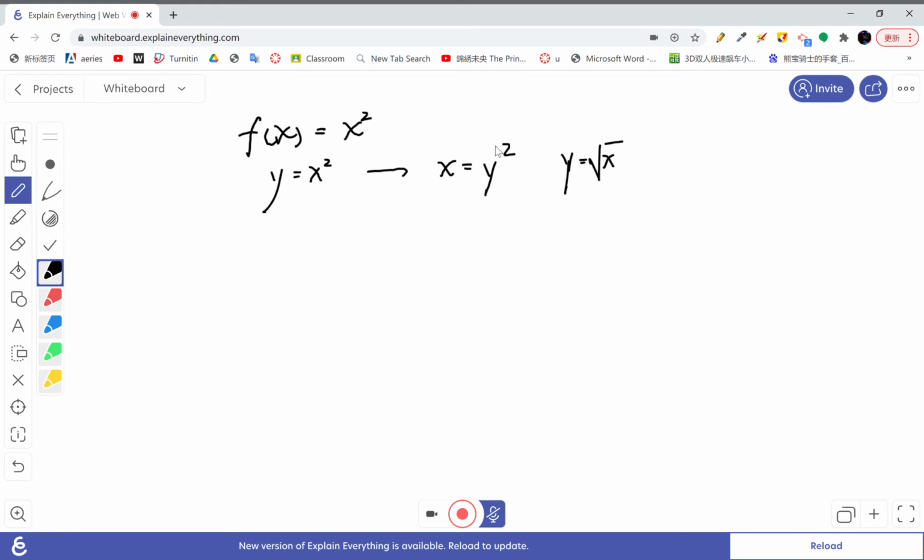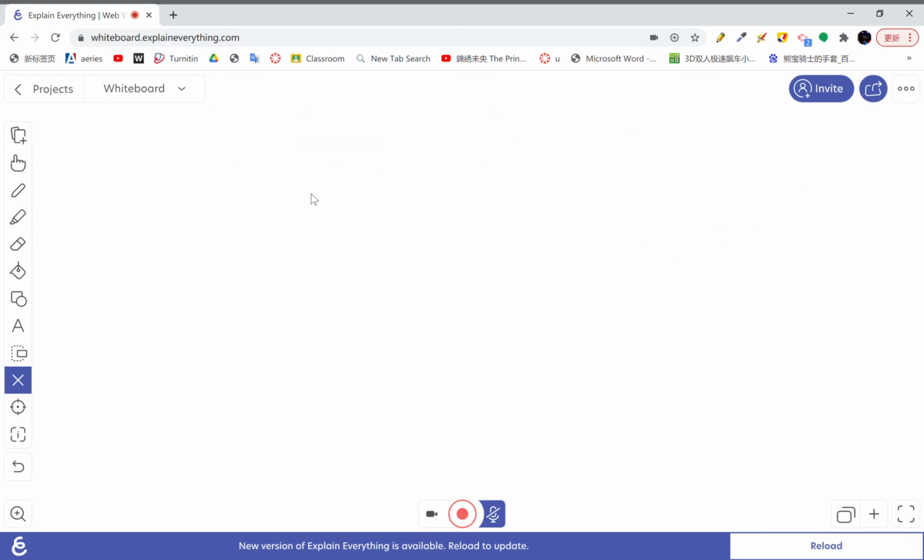Okay, let's make an exercise. Let's say you have a function f of x equals 2x squared.